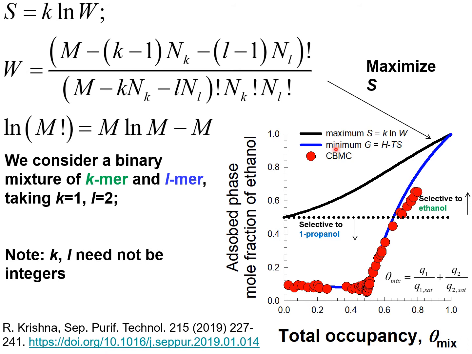So if we consider the minimum of the free energy, which is G equals H minus TS, we combine the influences of binding effects and entropy effects and minimize the free energy, we get the blue line that is in excellent agreement with the Monte Carlo simulations.